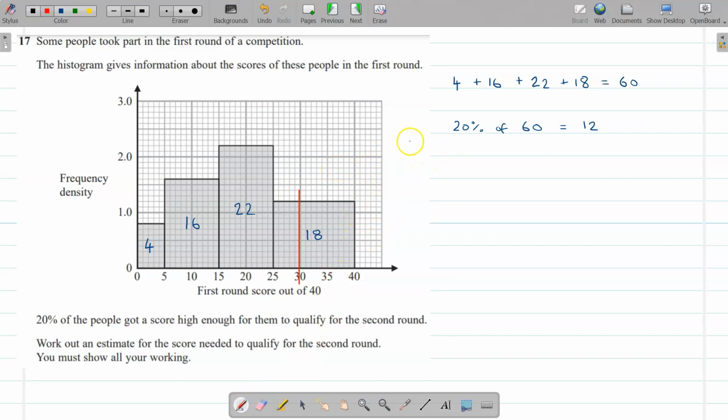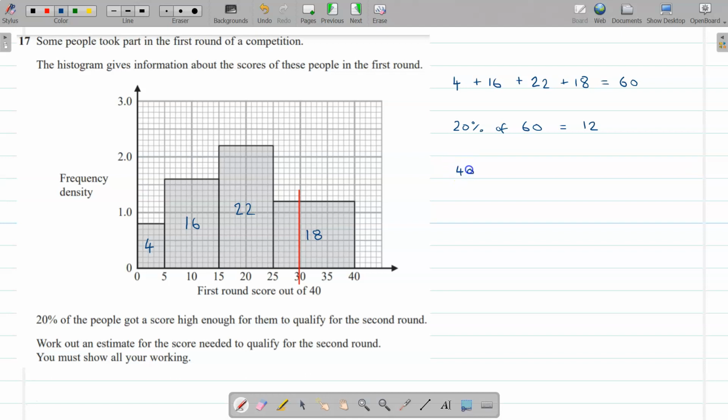I'll just show you what working out you could put. So this here is an area of 18, and I've got to basically find 12, which is the last 2/3.